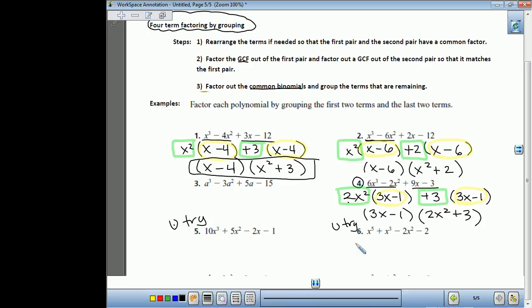How'd you get the signs for that? You don't need to, because this will be the same as this.